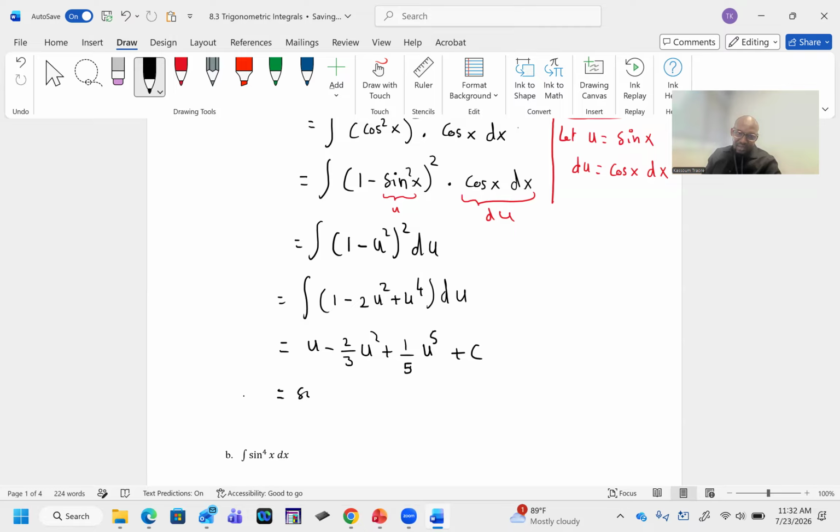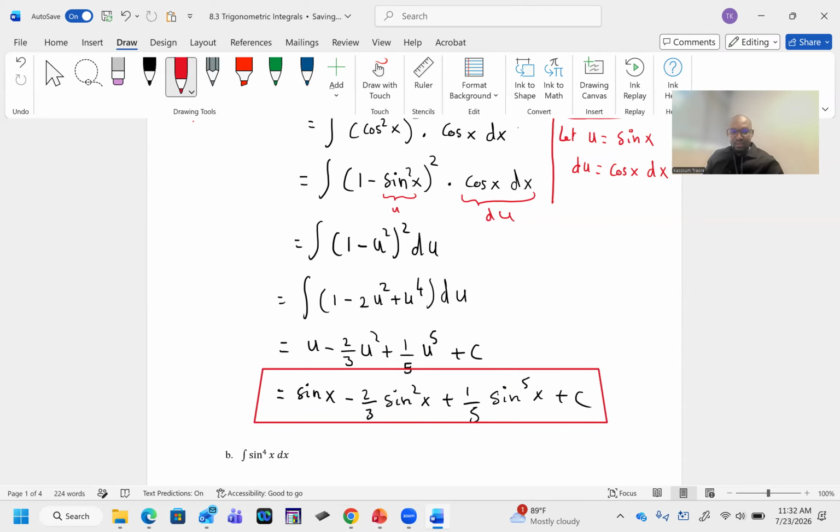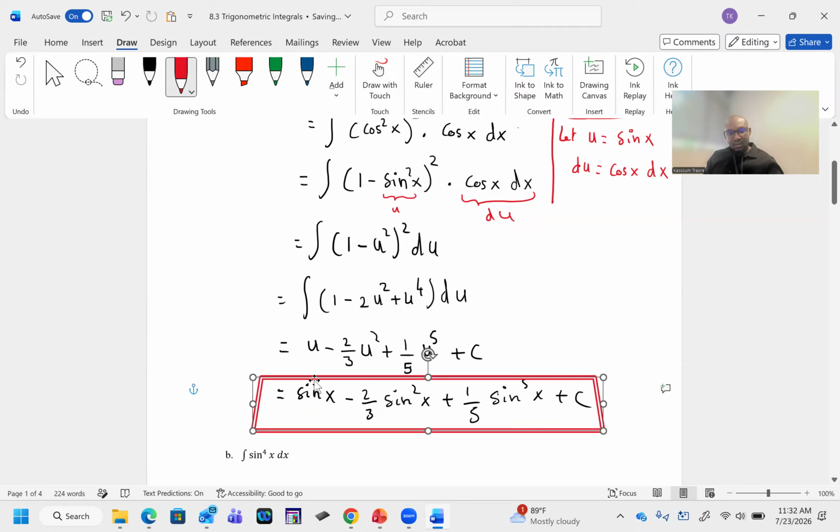So we'll have sine of x minus 2 divided by 3 sine cubed of x plus 1 divided by 5 sine to the power of 5 x plus c. And that is my final answer.